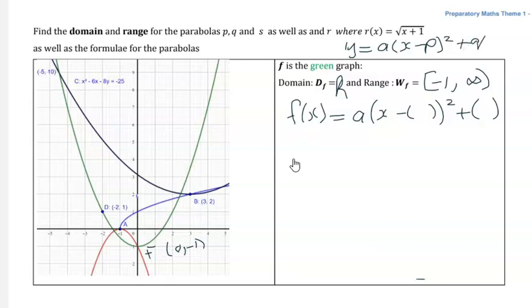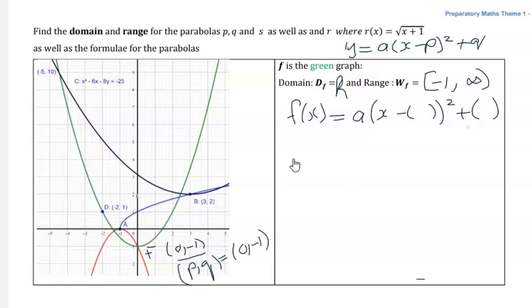That is what we want to do. So what is our pq value? Our pq value is actually here at F, which is (0, -1).